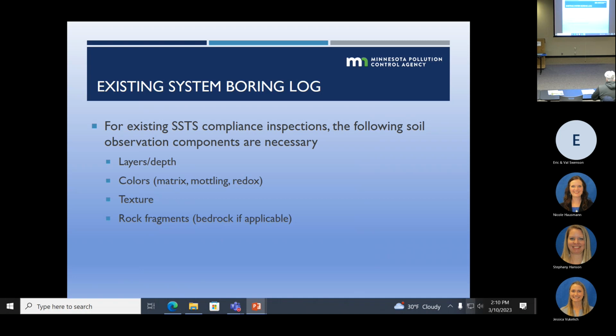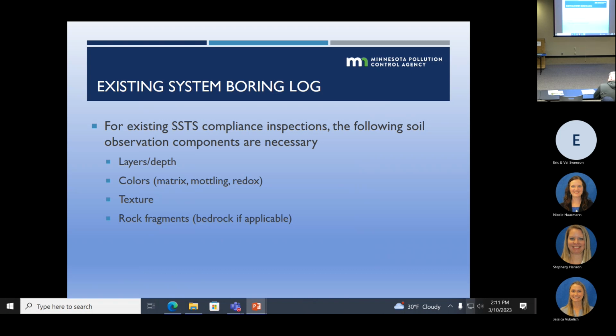So we get asked sometimes, what do I have to have in a compliance inspection boring log? That's what you have to have in an existing system inspection boring log. Not talking about designs right now. The design log is deeper, no pun intended.